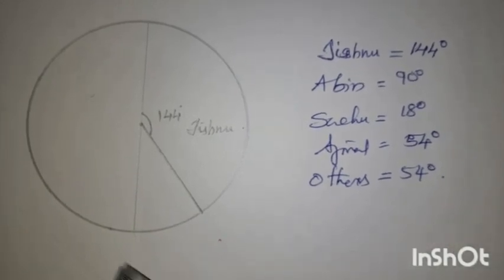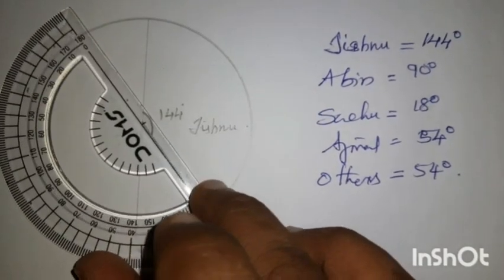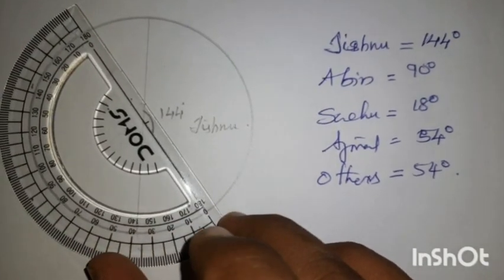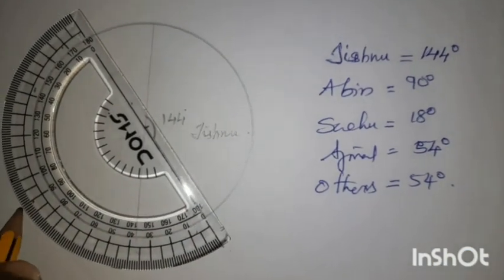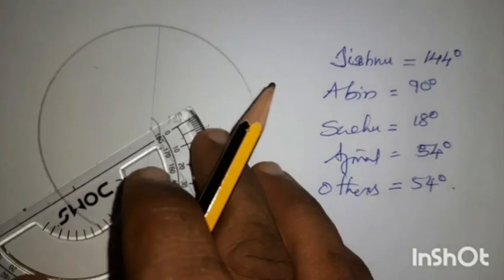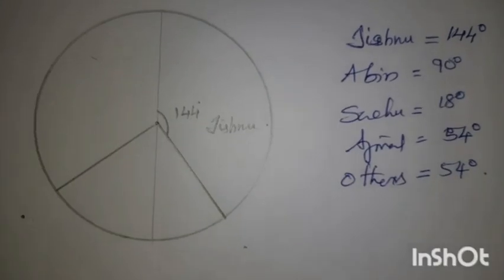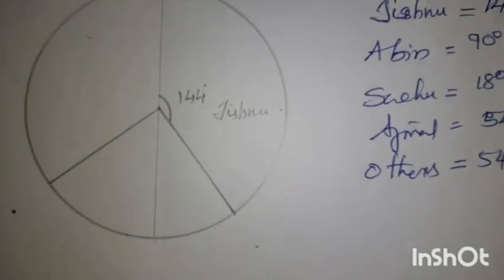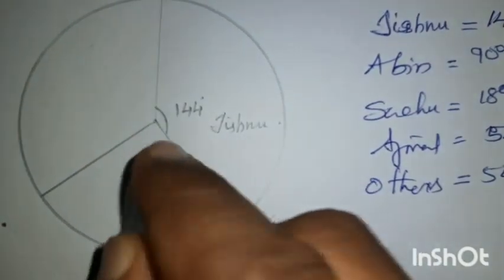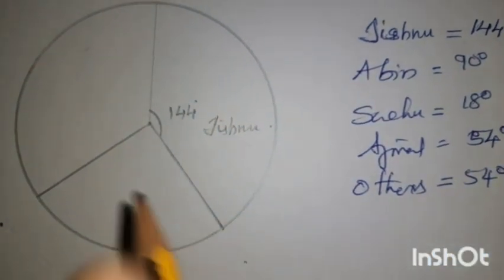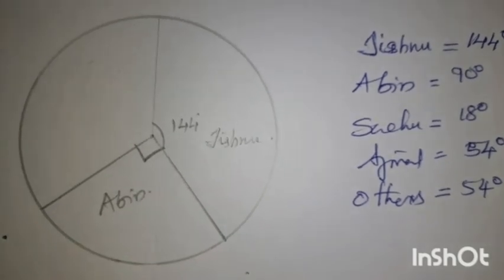Next, Abin. Abin is 90 degree. From here you have to keep the protractor and mark 90 degree. Then draw the line, and the previous line you have to rub. So this is 90 degree. This is for Abin.